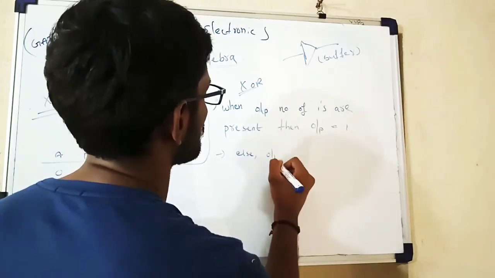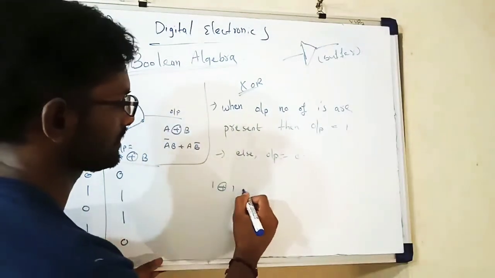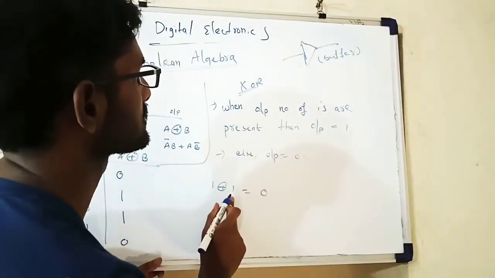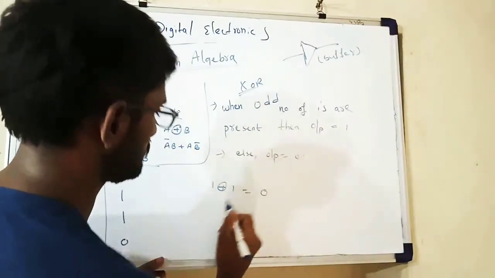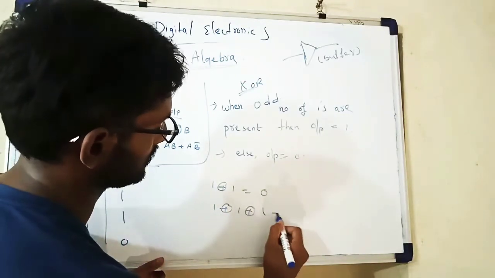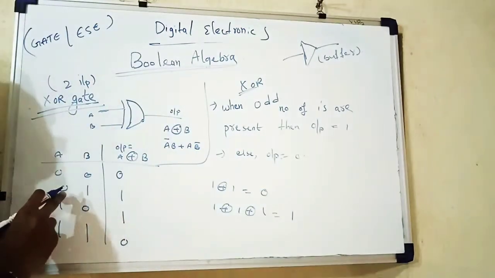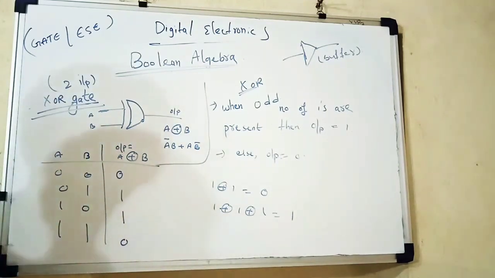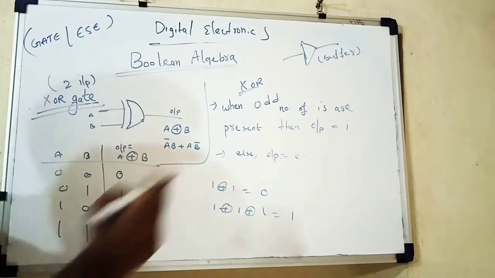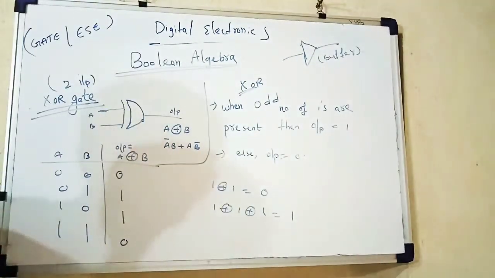Otherwise, the output will be 0. Let us suppose that 1 XOR 1 is nothing but 0 because here there is an even number of ones. Here this is an odd number of ones, 1 XOR 1 XOR 1. This odd number of ones are present, so the value will be 1. From this also we can write 0 XOR 1. Here only an odd number of ones are present, so the output is 1. Similarly, for an n input gate, when the number of ones is odd, the output will be 1. This is about the XOR gate.